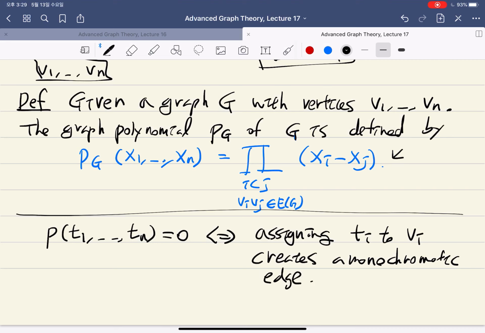If this polynomial is 0, that means this assignment creates a monochromatic edge.